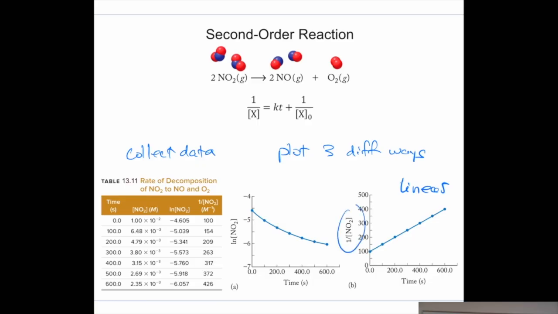In this case, it's 1 over the concentration of NO2, so that's consistent with second order. Notice here the slope is positive. Visually, that's all it's about.